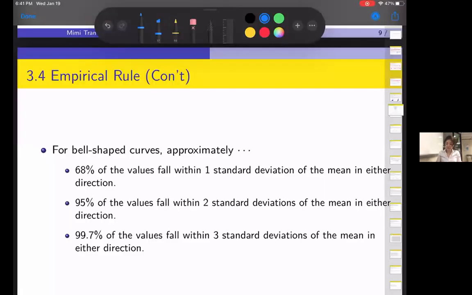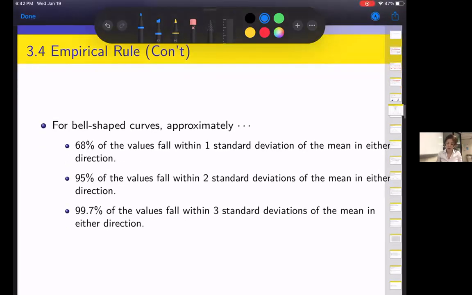All right. So the empirical rule, we only use this if the distribution is bell curve or normal. For a bell-shaped curve, approximately 68% of the values fall within 1 standard deviation. So let me highlight something.